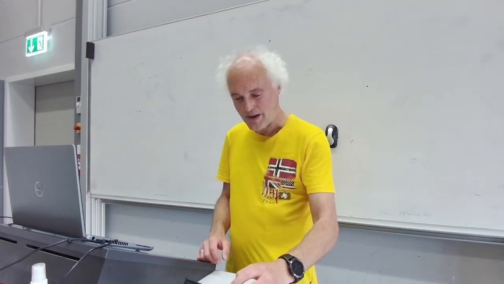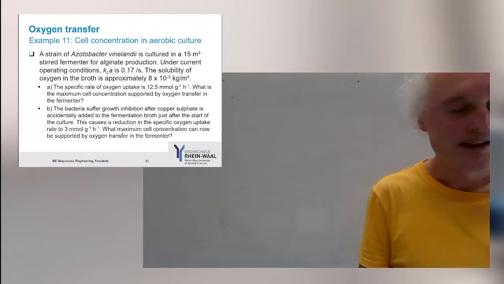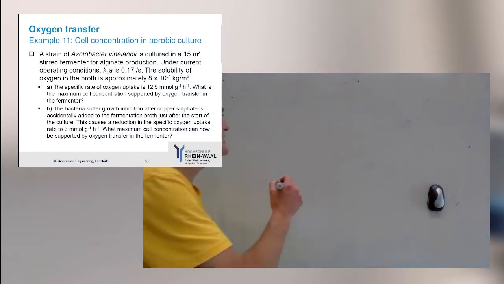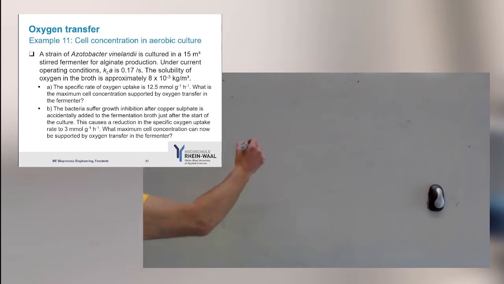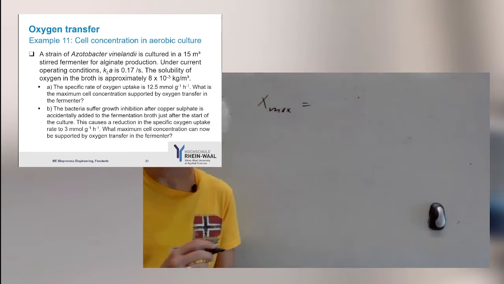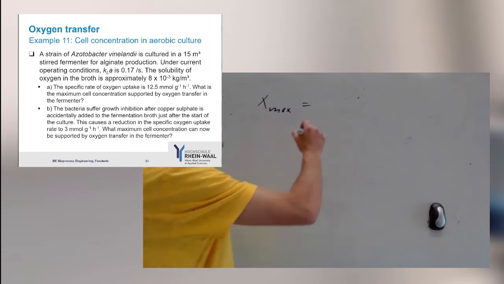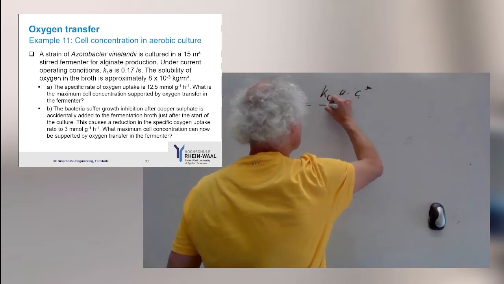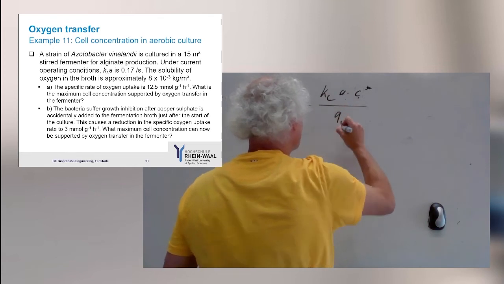Okay, but now we come back to our example, and now we would like to calculate it. So we start with our famous formula, X max is equal to the formula we had depicted before, divided by Q0.